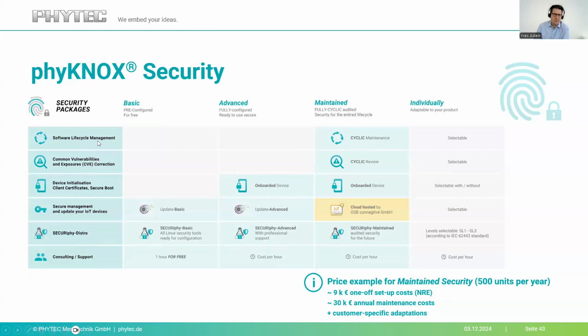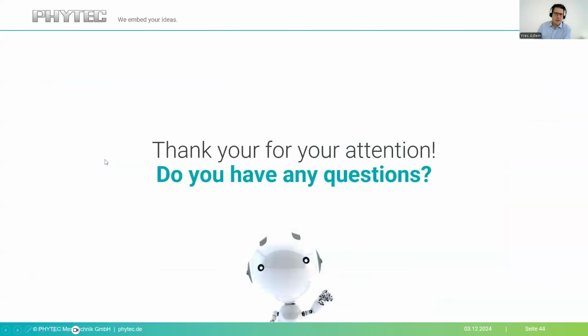And when we do software lifecycle management, where we provide those nightly builds pre-tested to you, we also provide a CVE report to go with it to show you exactly how your product might be affected by vulnerabilities. Yeah, and that pretty much wraps it up.